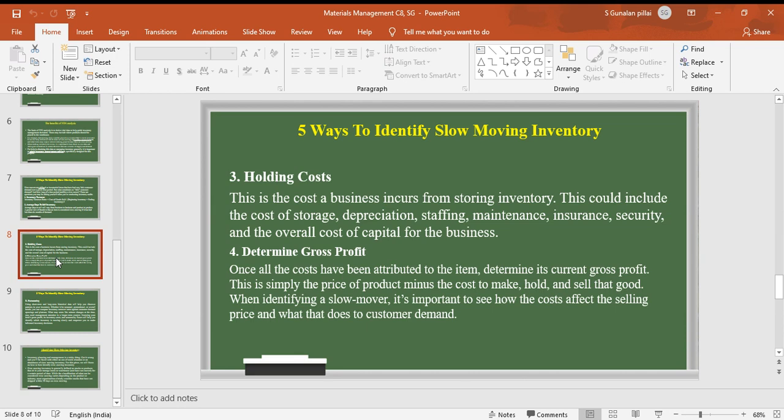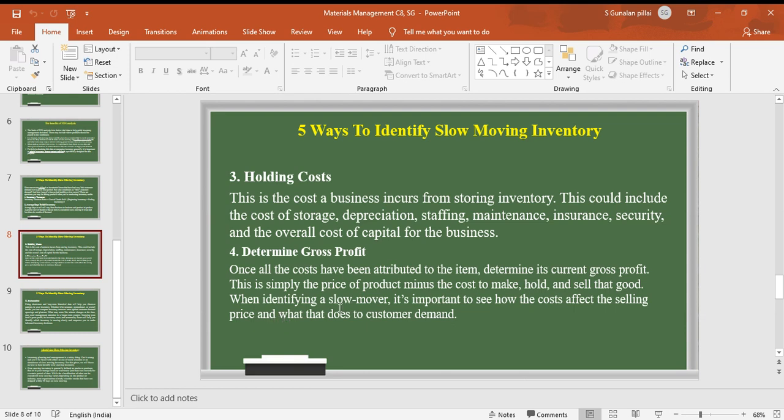You should know about this expenditure. Depending upon the total volume of cost carried by the individual product, it may be considered a slow moving product. Then determine gross profit, how much profit the product is providing.